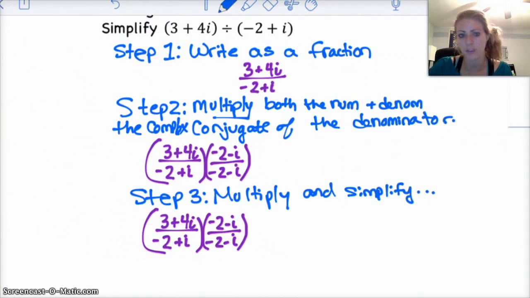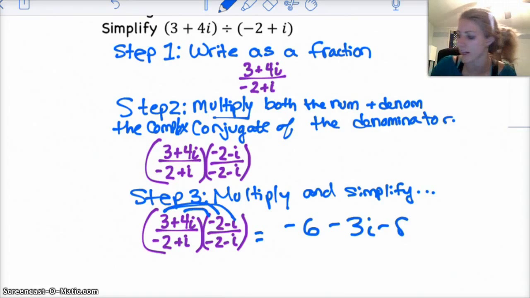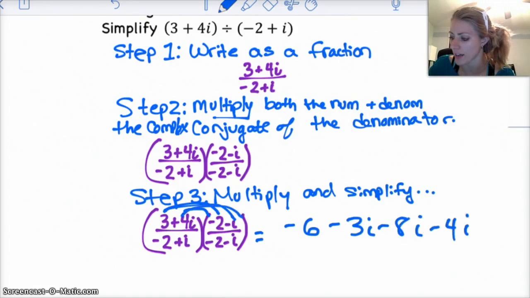So in this case, we start by multiplying across the numerator. I've got that 3 times negative 2 is negative 6. 3 times negative i is negative 3i. 4i times negative 2 is negative 8i. And then the 4i times negative i is minus 4i squared.